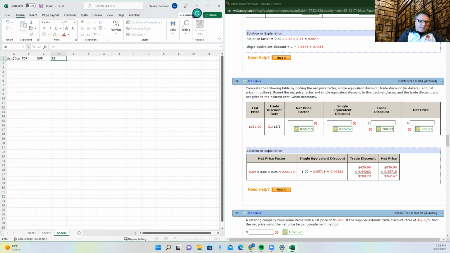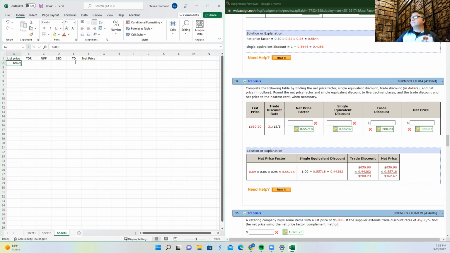What they're calling single equivalent discount is going to be what we did with the 1 minus the net price factor. Our trade discount, and then our net price. Now, just to pretty it up real quick. Okay, so they give us our list price is $650.90.